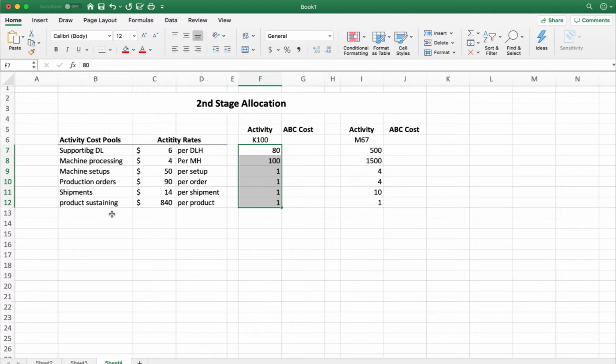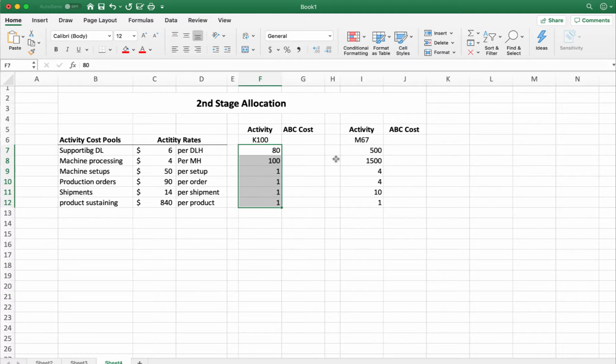And product sustaining activities. This is not to be confused with organizational sustaining activities. This is something totally different. Remember, organizational sustaining activities are not included in activity-based costing. So in this example, we have, again, 2 products.